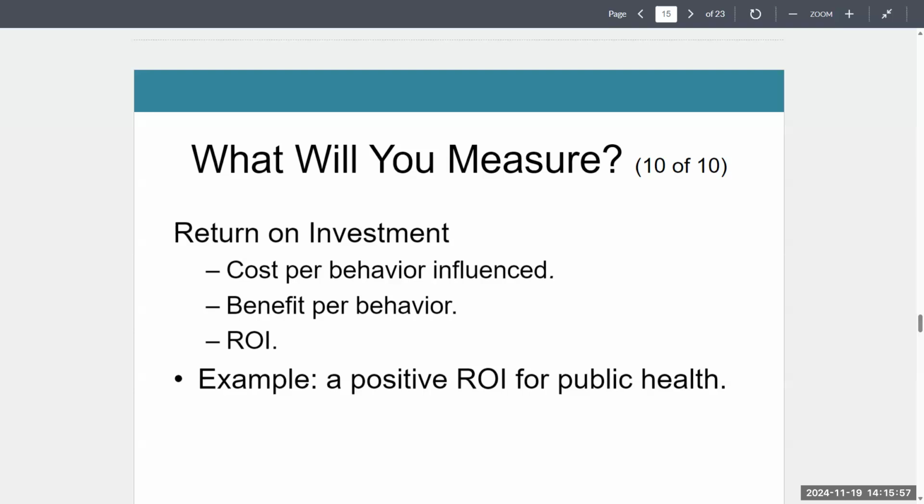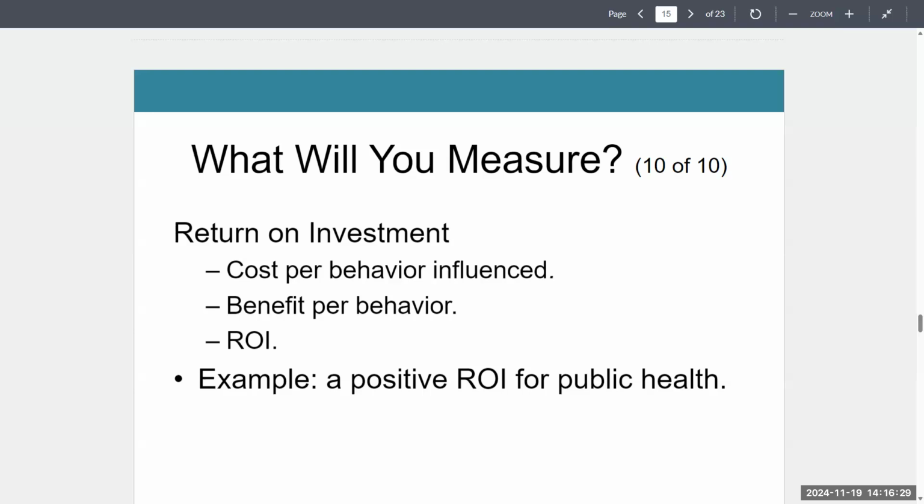The cost per behavior influenced would be $5, okay? So you're spending $50,000 to encourage recycling. You've talked to 10,000 households. That means that you've spent $5 per household. It's kind of like the cost per click, except it's the cost per behavior. And that you can measure into ROI.